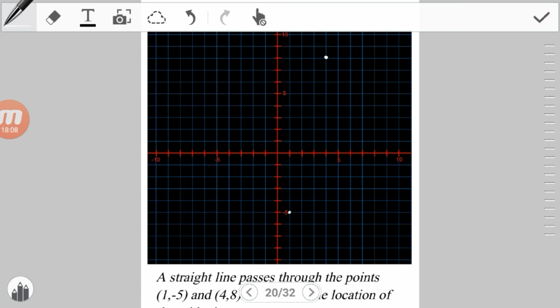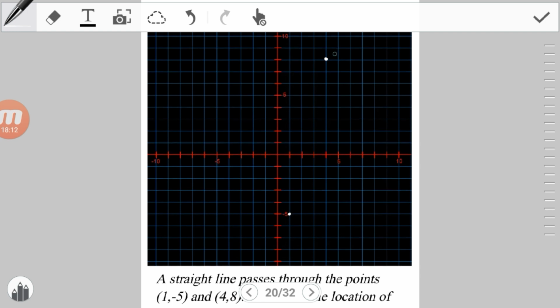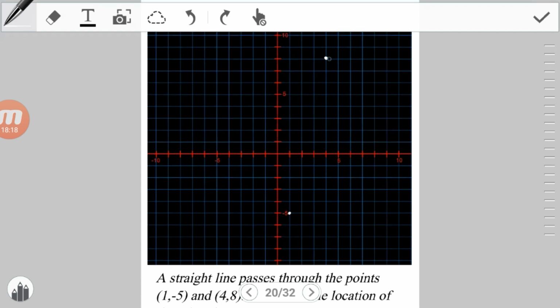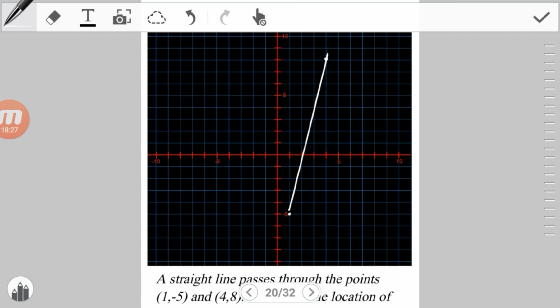Then I would grab my ruler and connect those 2 points here. Pardon me, a little bit lean there, guys. Okay, drawn a little bit too far though. Let's just try that again. I'm going to try to get it as perfect as possible.